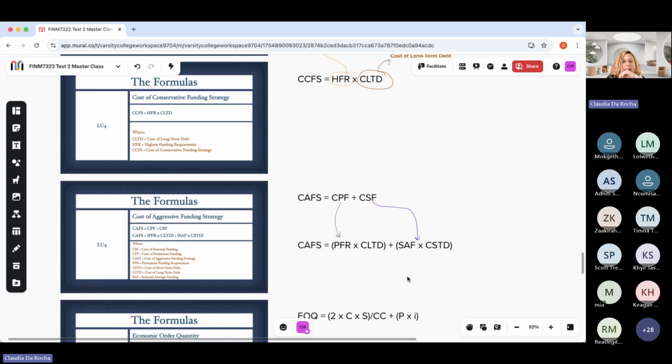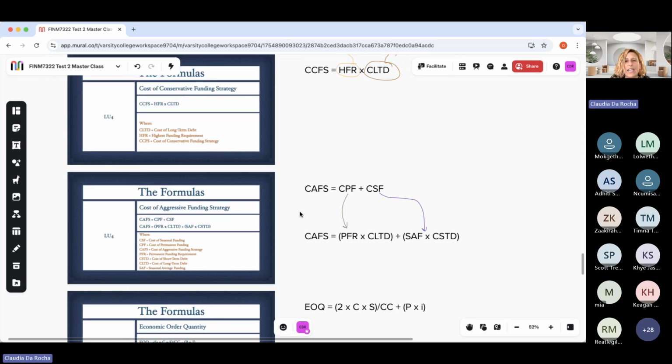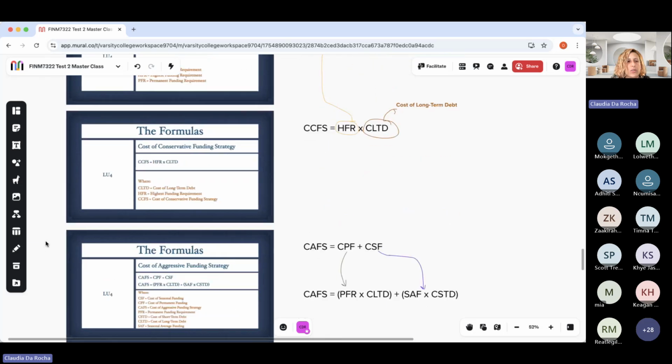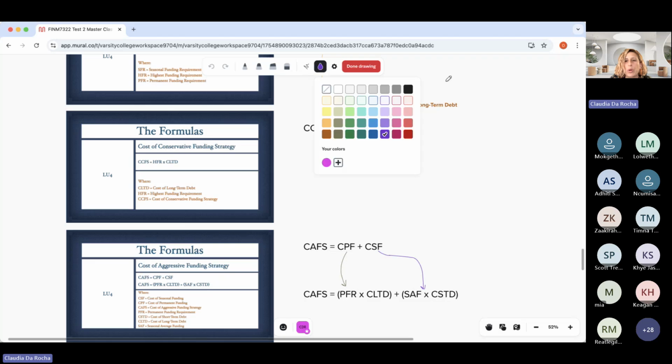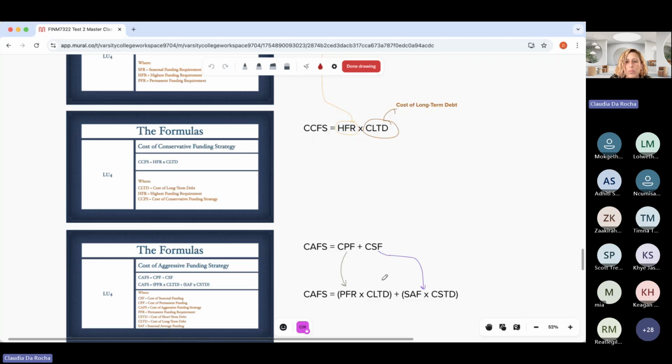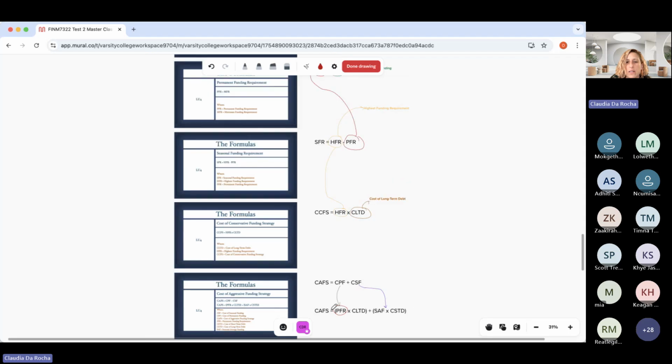Right. And what's very important again, we can see similarities. So again, we have our permanent funding requirement, the one that we did up here, which pulls into here.